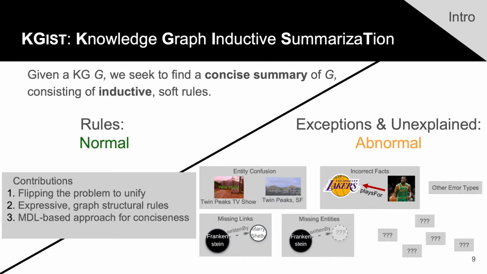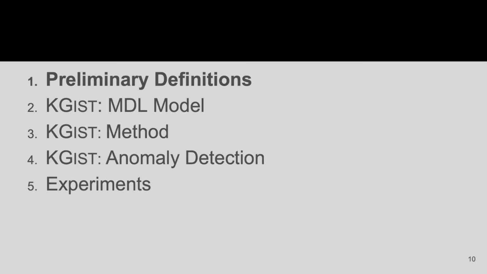This has a number of contributions. First of all, by flipping the problem, we unify a number of different refinement tasks into something that's solvable with a single method. We also introduce a novel definition of rules, which are graph structural and expressive in nature. We introduce a minimal description length-based approach, which ensures a concise set of rules, allowing KGIST to efficiently refine large knowledge graphs. In the coming slides, we will introduce a number of things.